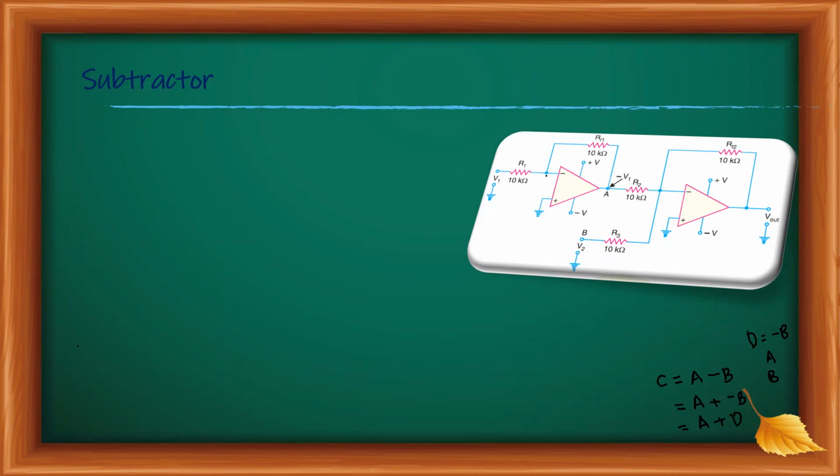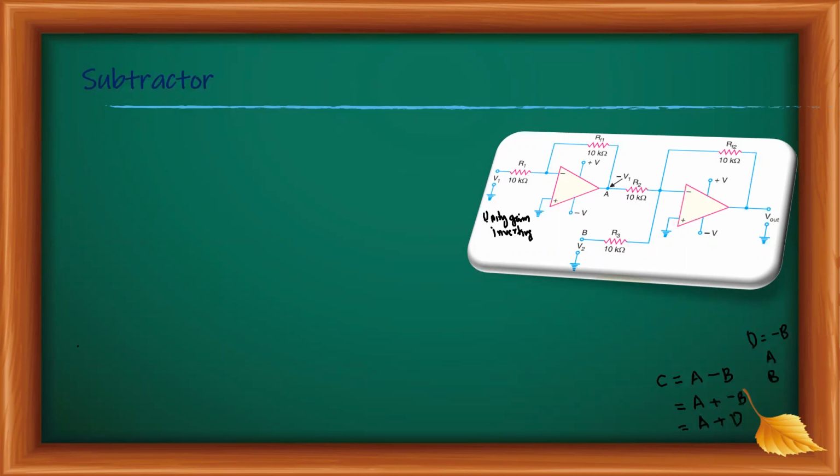For the first circuit, R1 and RF are equal and it is operating in inverting mode. So it is a unity gain inverting amplifier.